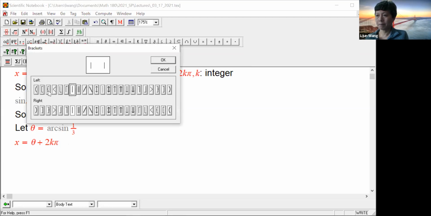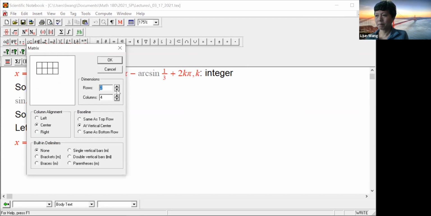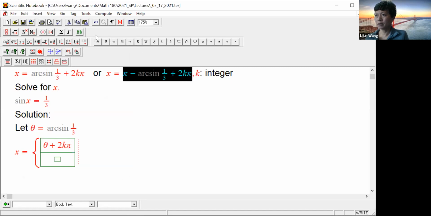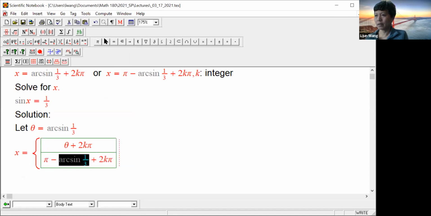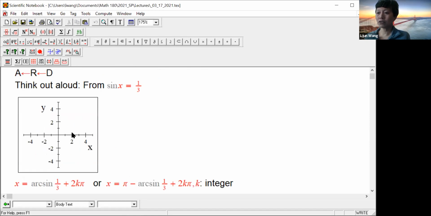Let me show you this way. Theta plus 2k pi, or pi minus theta plus 2k pi, where k is an integer. And you're done.